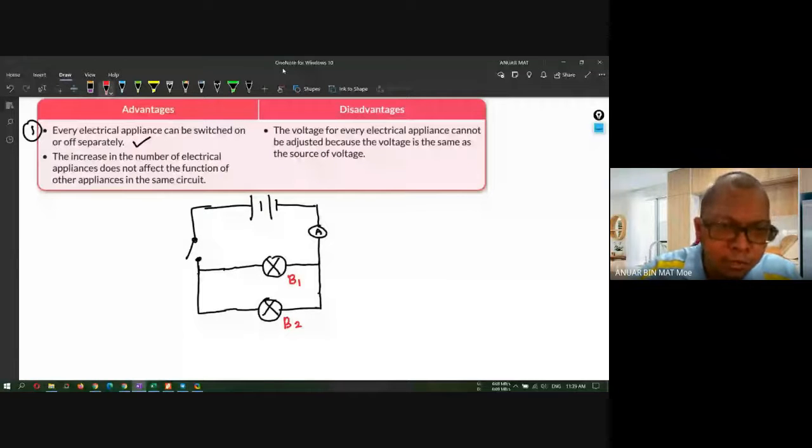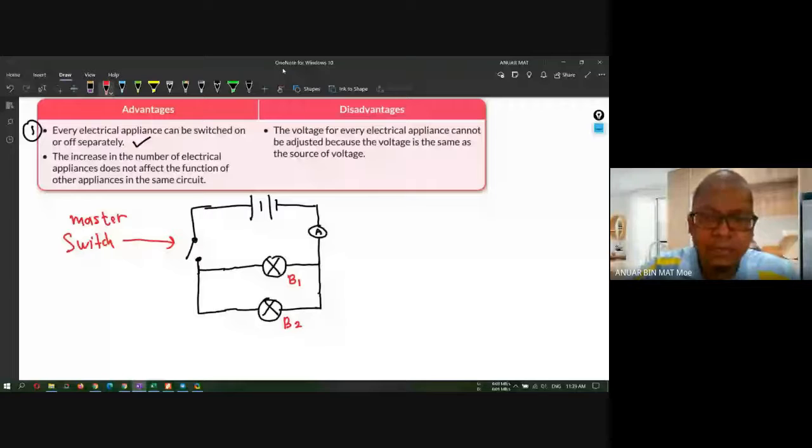This is also a switch, but I call this the main switch or master switch. If I turn this off, both bulb 1 and bulb 2 will not light up at the same time.